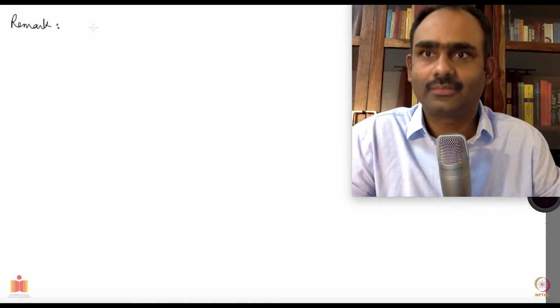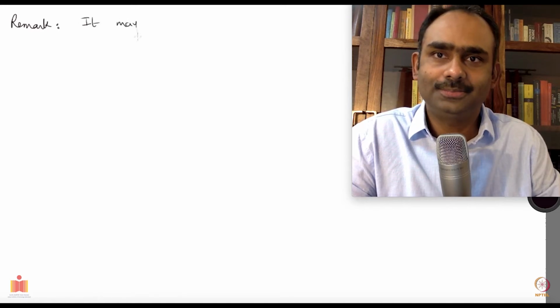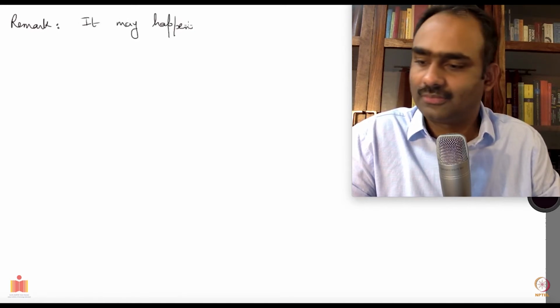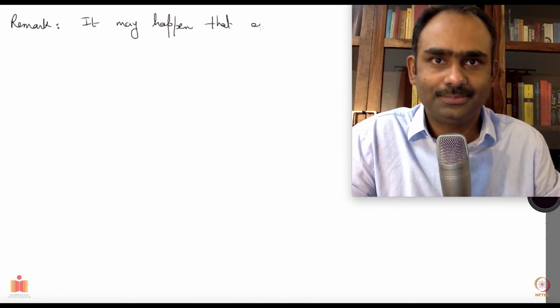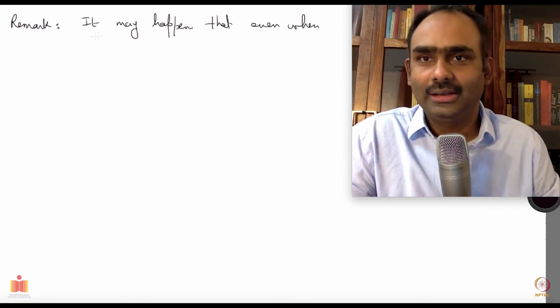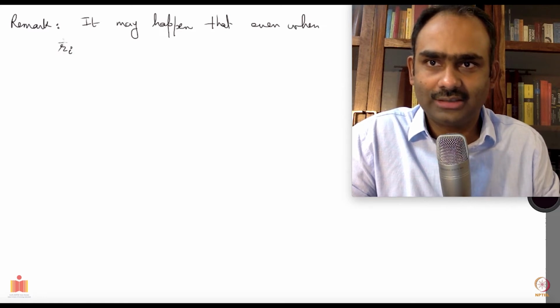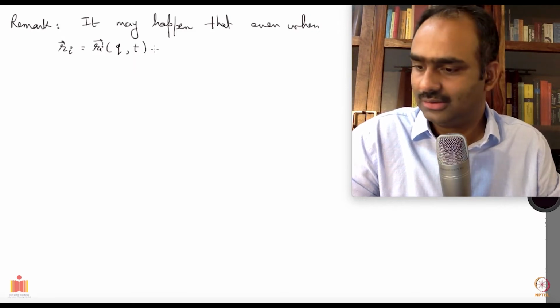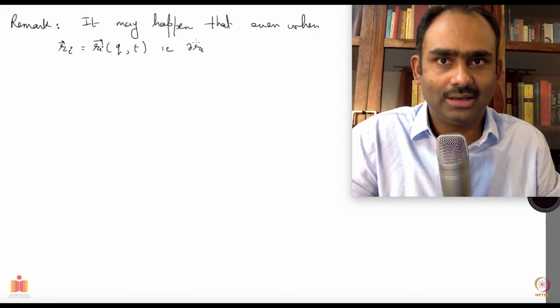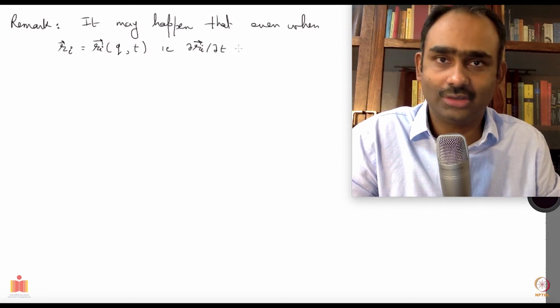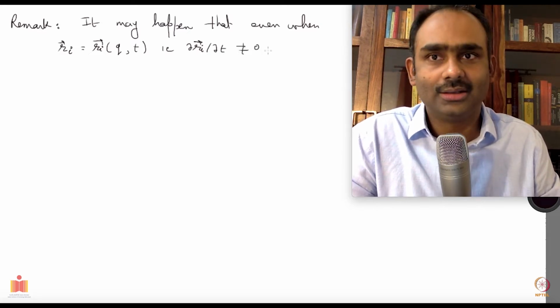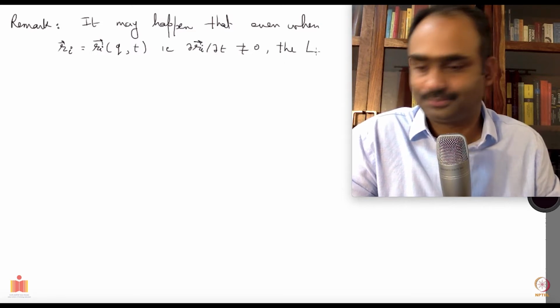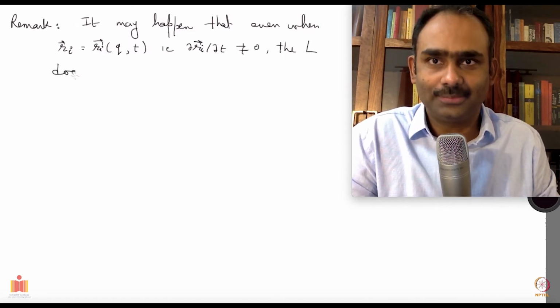Remark: it may happen that even when your transformation from the Cartesian to generalized coordinates is a function of time explicitly, that is, del R_i over del t is not equal to 0, the Lagrangian does not depend explicitly on time.